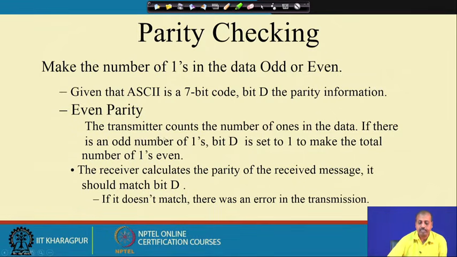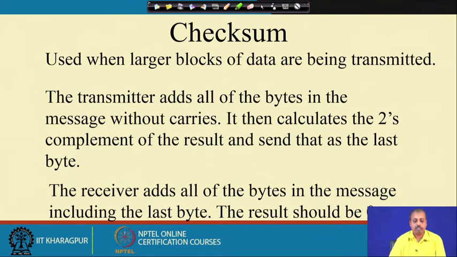For even parity, the transmitter will count the number of ones in the data. If there is an odd number, then this D bit will be set to 1 to make the total number of ones even, and the receiver will calculate the parity of the received message, and it should match the bit D. If it does not match, that means there was some error in the transmission. That is how parity checking works.